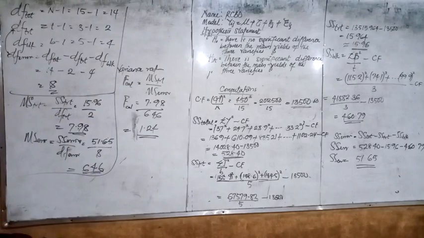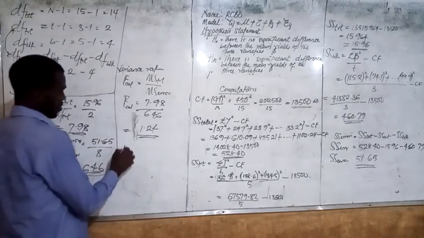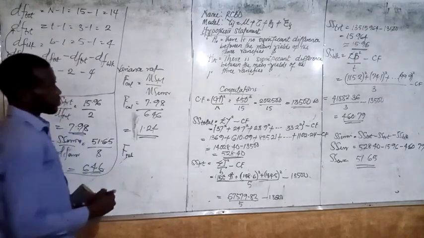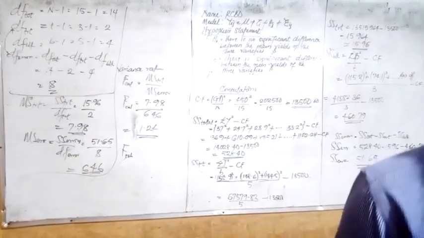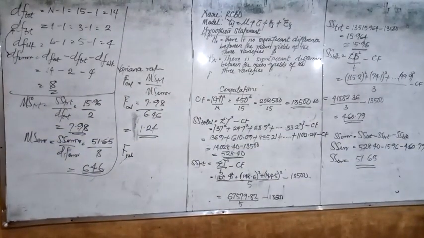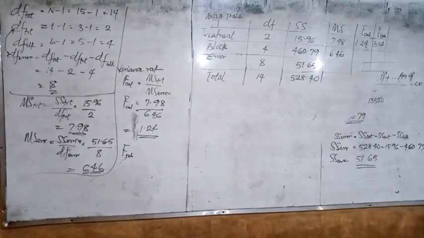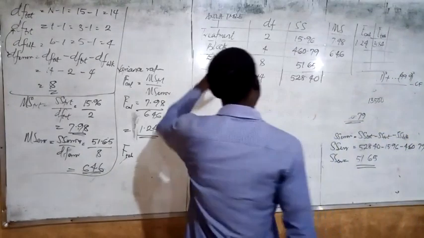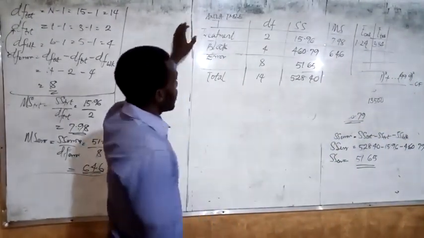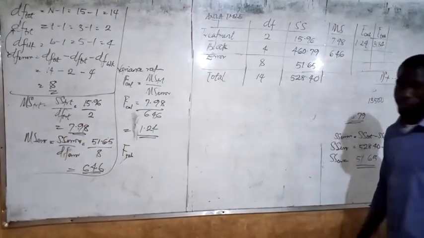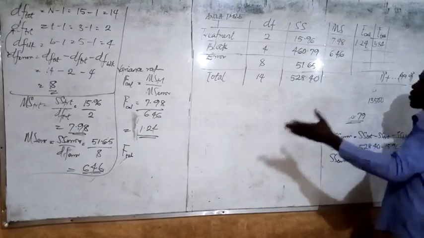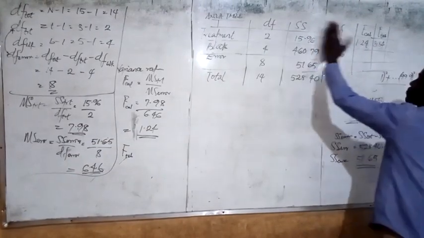Alright, so let's now check for the F tabulated. Of course, we are supposed to present our table first, so let's present our ANOVA table. This is the proper layout. We have our DF, SS, and MS. So what we basically do is write all the values that we have obtained. We just fill them in here.